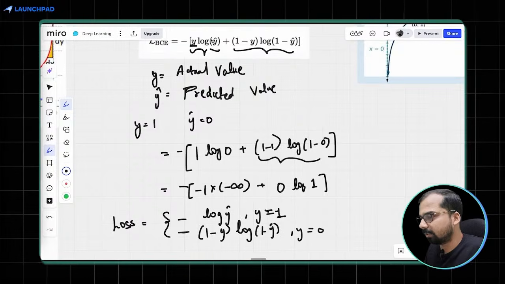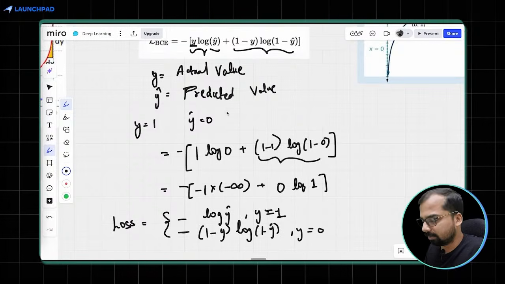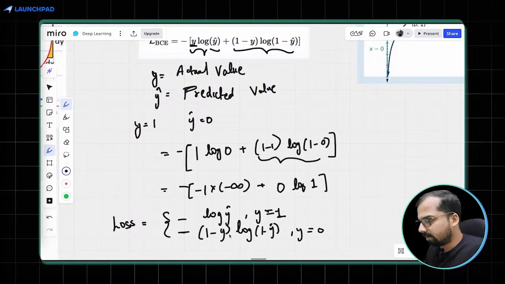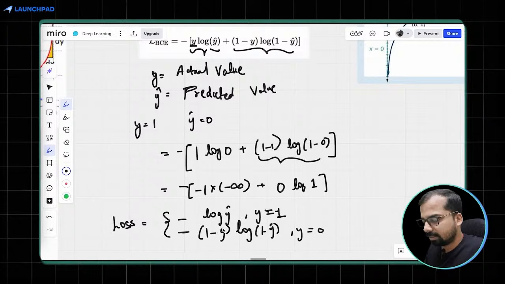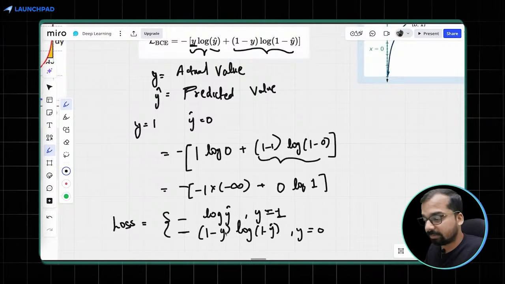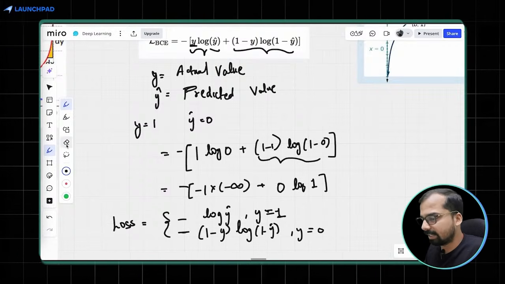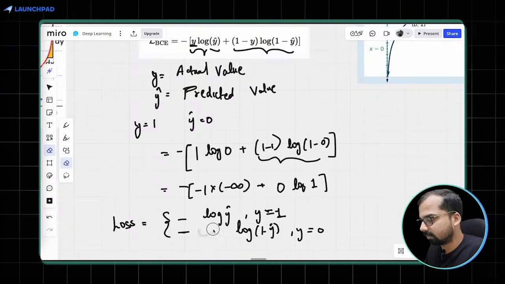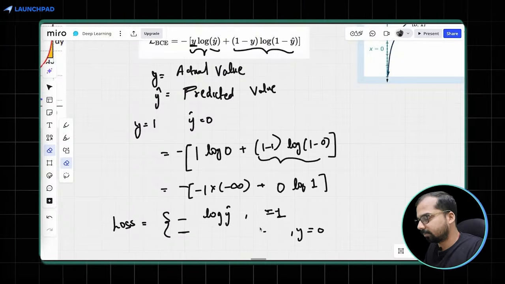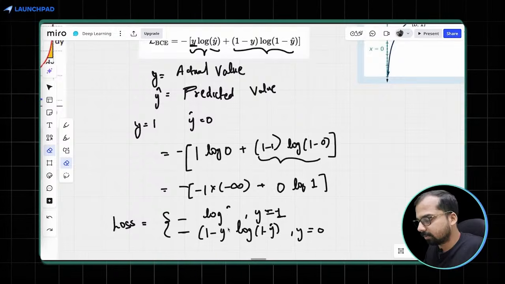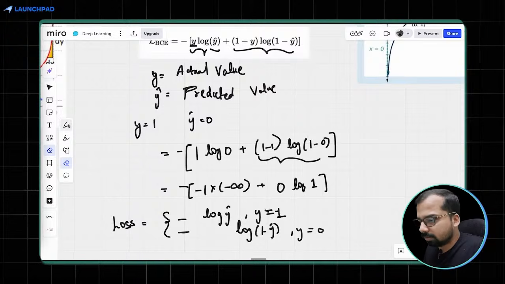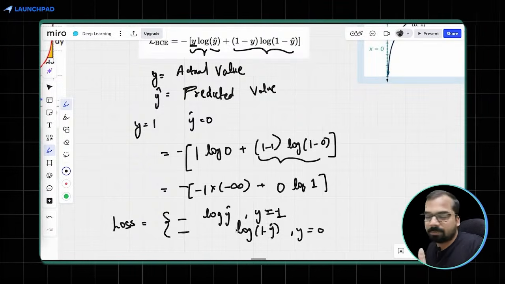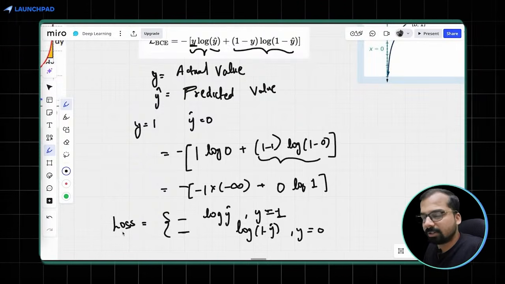Only this part will contribute. And 1 minus y, since y is 0, will be 1 minus 0, which is 1, so I can remove this part also. So this is an expanded version of binary cross entropy.